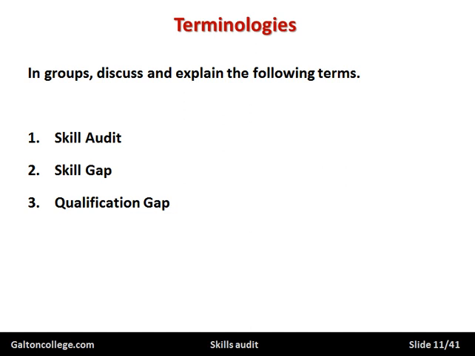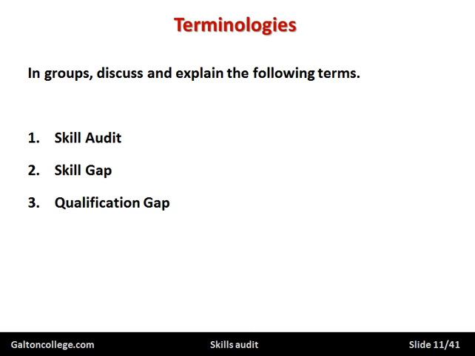Part of the skills gap could be to look at qualifications. Sometimes employers simply say, we want an employee with the following qualifications. They don't itemize what skills, they say what qualifications, because they know that a person who has that qualification must have those skills, because the skills were required in order to pass the qualification.